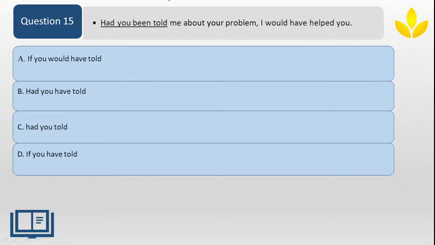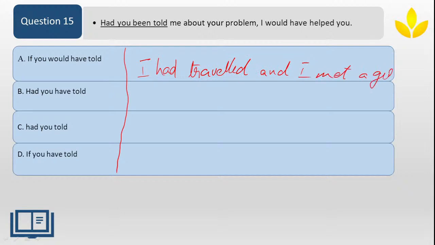So the beauty in the past is you can talk about two sentences in the past. I had traveled and I met. So this is also in past, this is also in past.